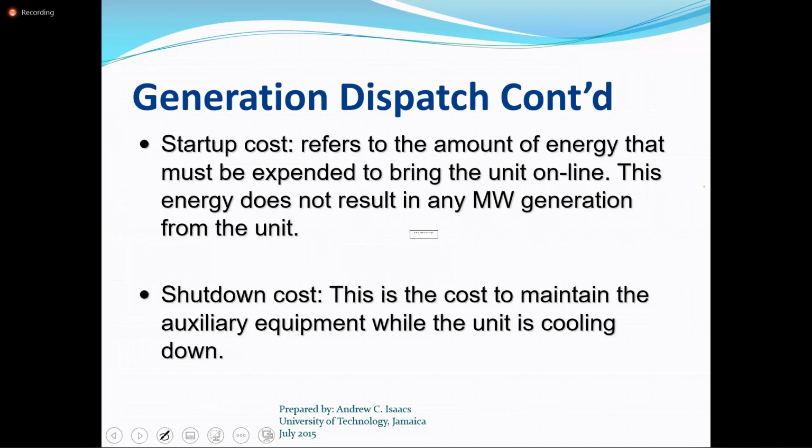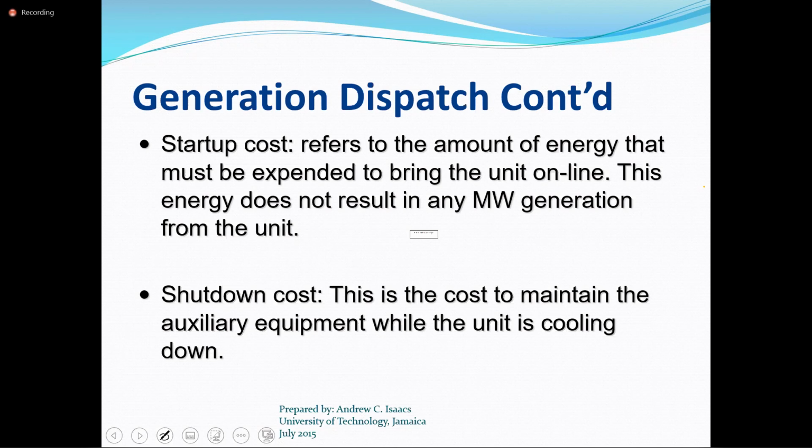It doesn't work like that. We still have to monitor the equipment. There are some support systems involved that have to be monitored while cooling down, and again, that costs money.